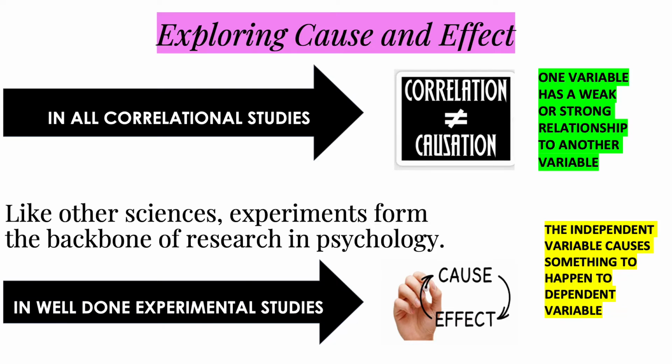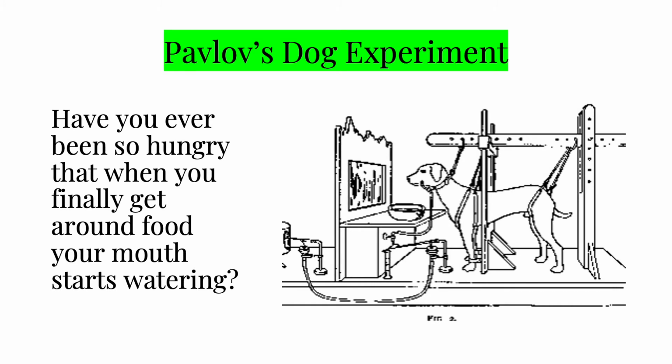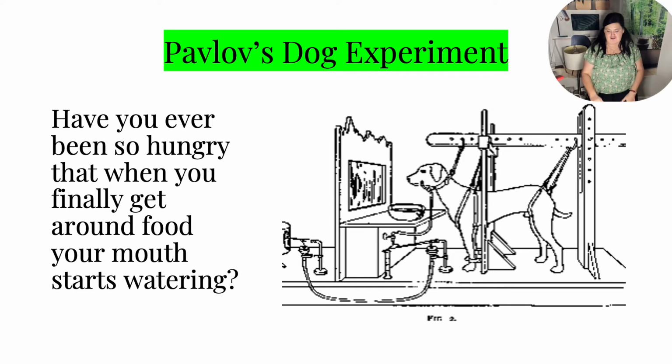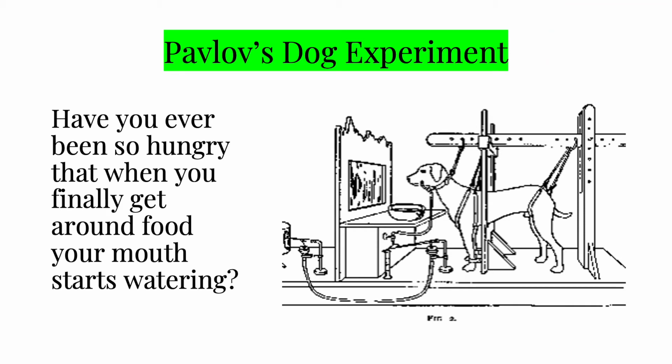Okay, so just to give you an idea of some really famous experiments, I want to go ahead and show you 3 that you may have read about this summer. First up is Pavlov's dog experiment. Okay, have you ever been so hungry that when you finally get around food or the food is wafting through the air, you feel yourself like you're in one of those cartoons floating after it?